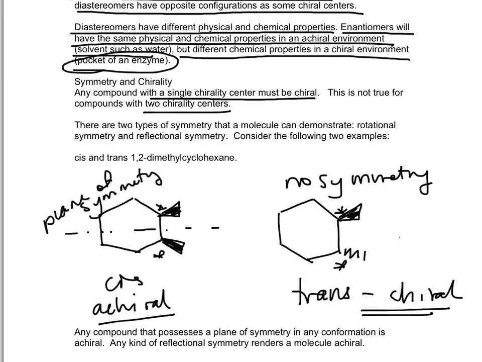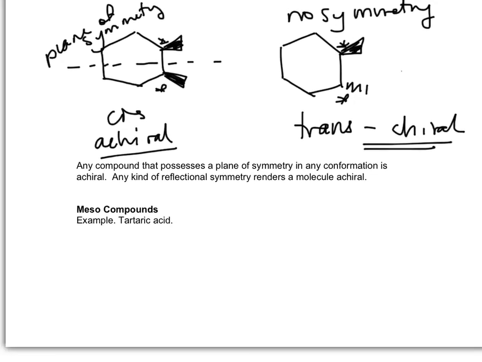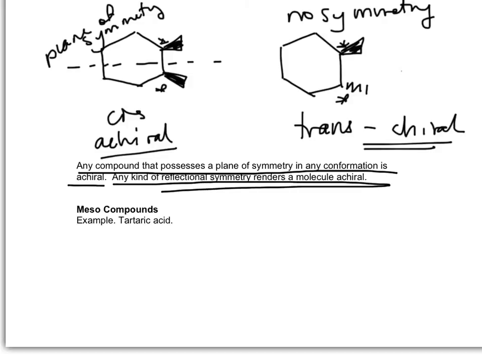Okay. Any compound that possesses a plane of symmetry in any conformation is achiral. And so any kind of reflectional symmetry is going to render a molecule achiral.